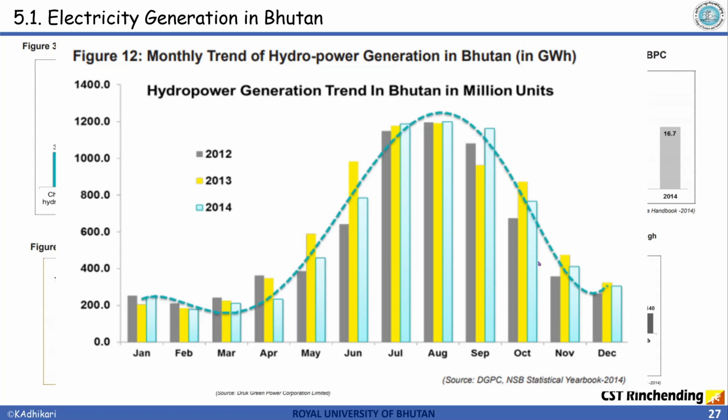I want you to think about why this is happening, and what is the main cause of energy not being produced constantly. Why is the same energy not produced throughout the year, why this shape? I want you to think over this and also mention it in your assignment.